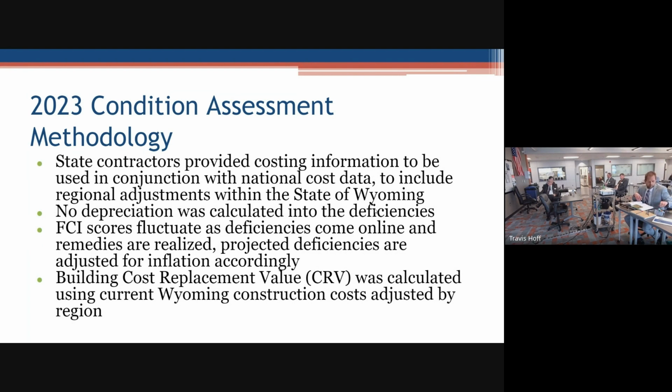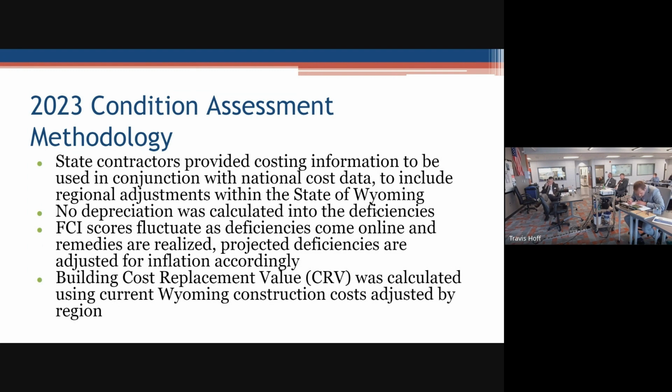In the 2023 condition assessment, it was a requirement that the consultant contact some of the larger general contractors within the state and get multiple data points from them and unit costs in different regions of the state.